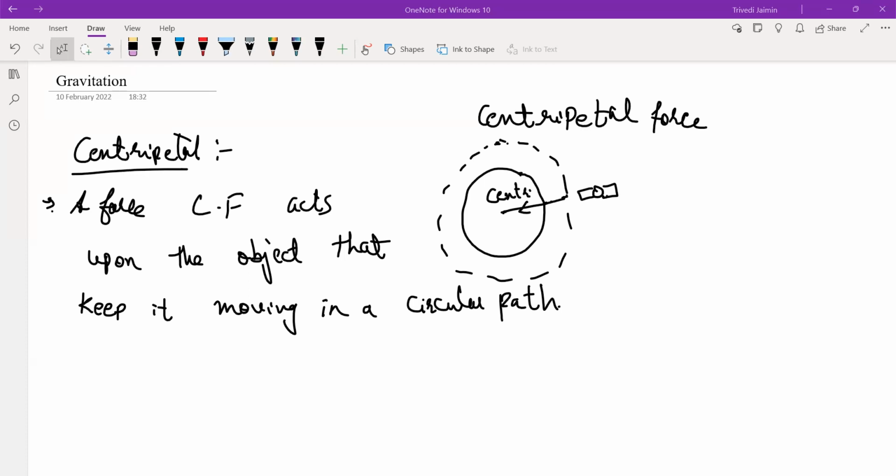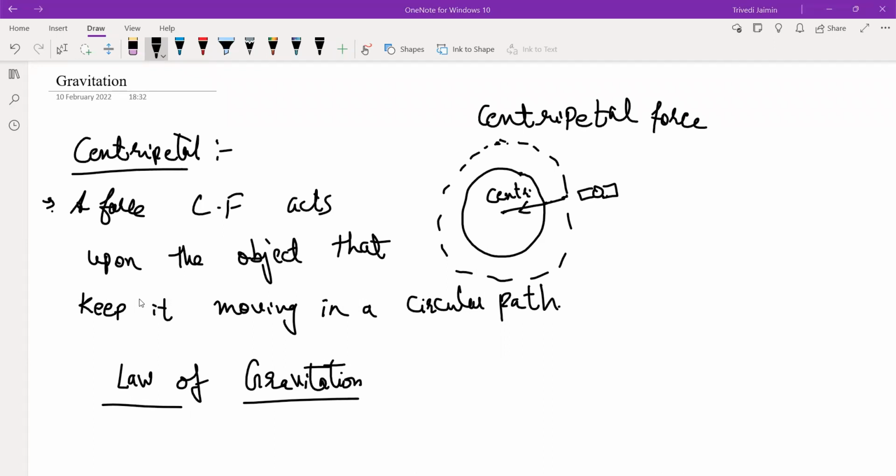So what is the universal law of gravitation? Can someone tell me what is gravitation? Every particle attracts every other particle. Yes, exactly. Then complete the statement.